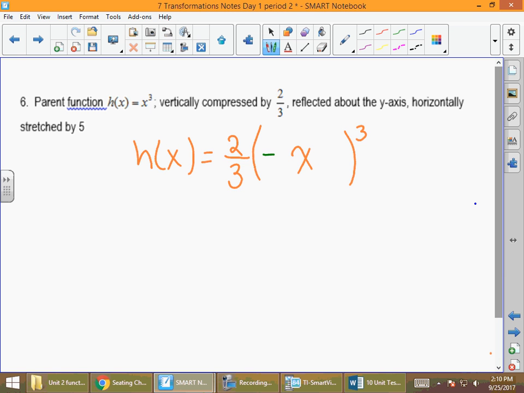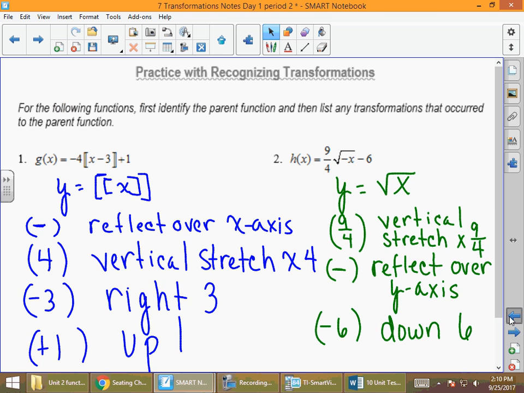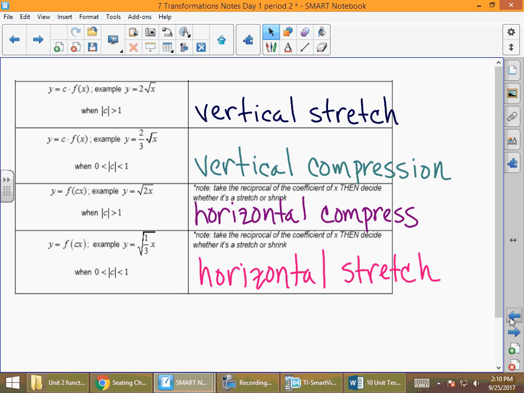Well, when we stretch this graph by a factor of 5, if we go back to our table on the front, we're horizontally stretching this. What happens is our value is going to be written as a fraction. Because if we look at our note over here, take the reciprocal of the coefficient of x to decide whether it's a stretch or shrink.